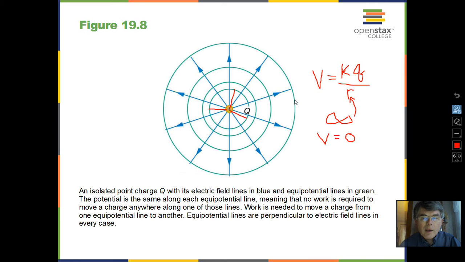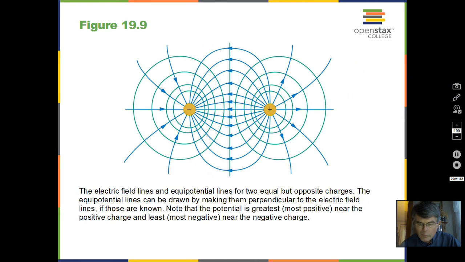If we have 2 charges in a situation, then we can add up their potentials. In this region, these green lines are positive. This charge dominates here. Its r values are smaller compared to the r values back to the negative charge.